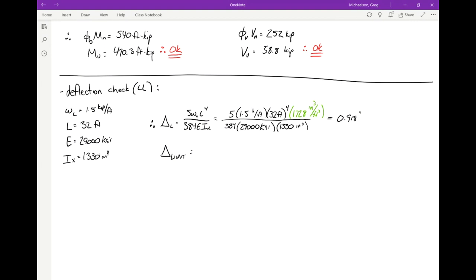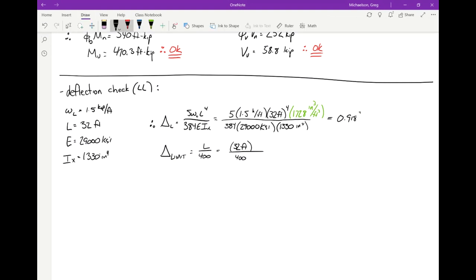So delta limit, remember this problem had a maximum deflection limit of L over 400. We're going to talk on Friday about where those deflection limits come from in steel design, because it's not as straightforward as it is in concrete design. So the length is 32 feet over 400.